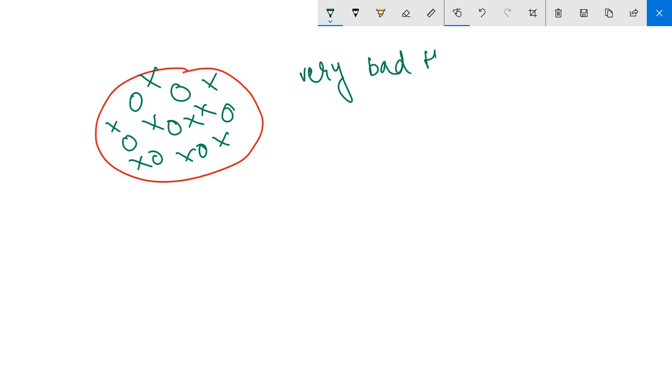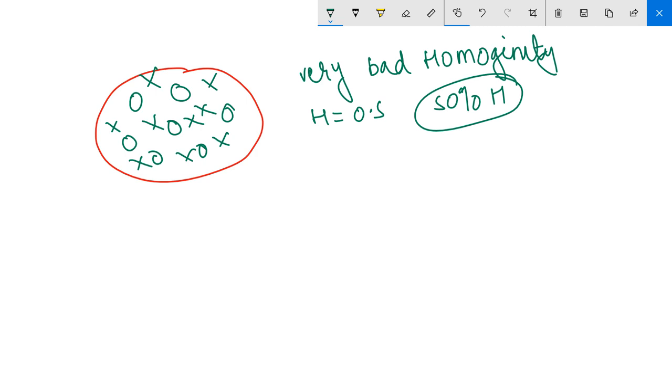Very bad homogeneity. You can say homogeneity is 0.5 here, which is, let's say, 50% homogeneous. This is 50% homogeneous. So whatever we do, we make sure that, let me just draw it here.